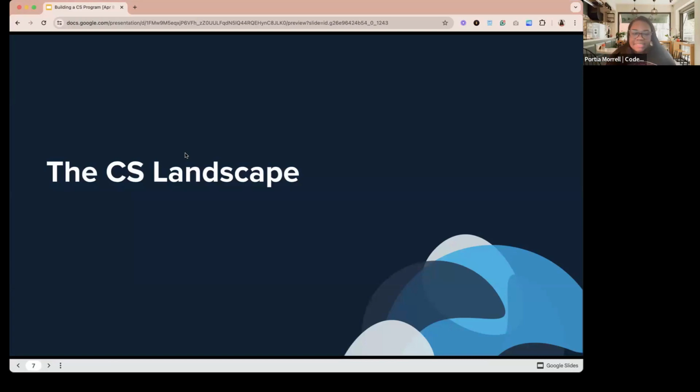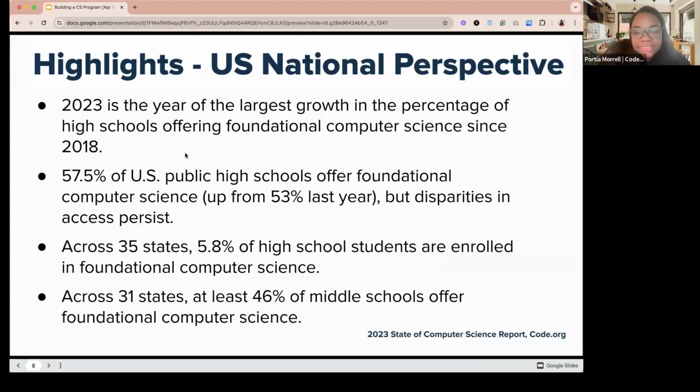All right, so let's talk about the CS landscape. These statistics come from the 2023 State of Computer Science report from code.org. Has anybody read this report or heard of it? Okay, so CSTA, the Computer Science Teachers Association, and code.org tend to, I wouldn't say yearly, but pretty often, come out with reports dealing with the state of computer science and education in general.